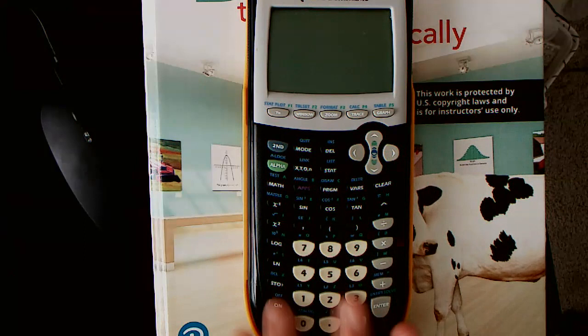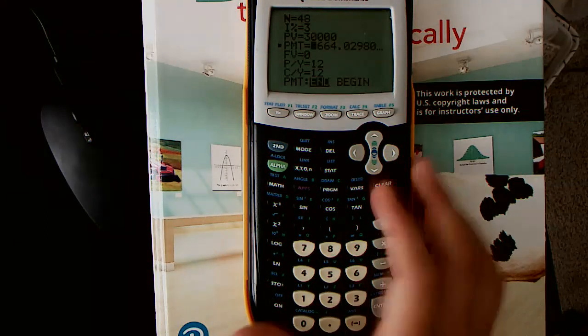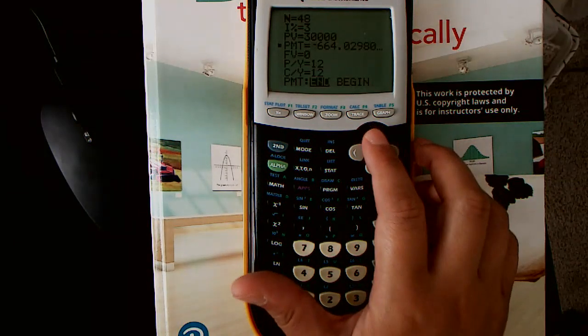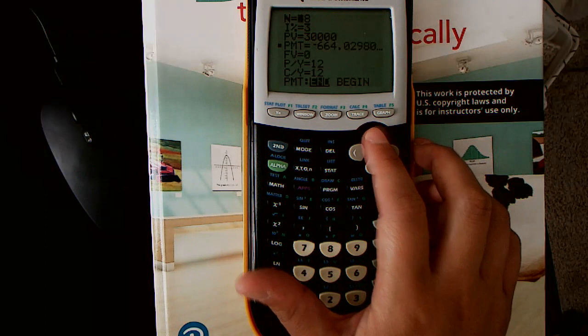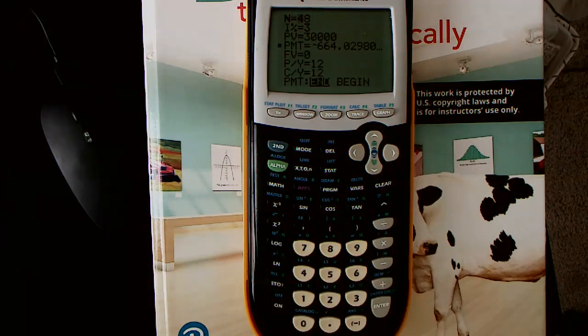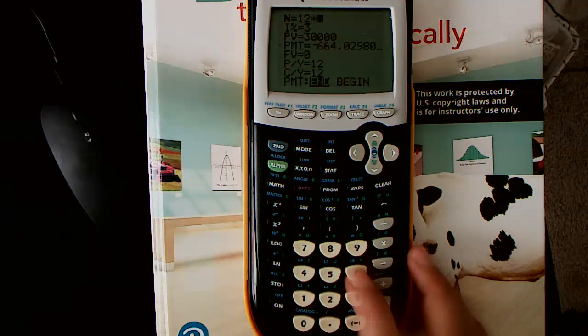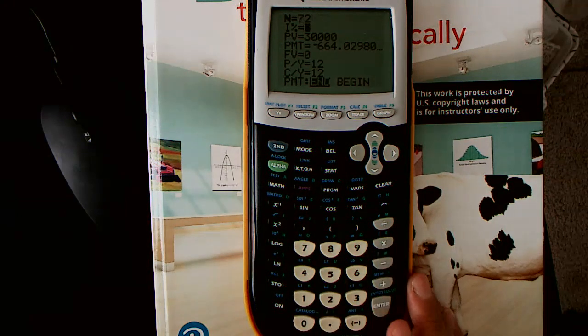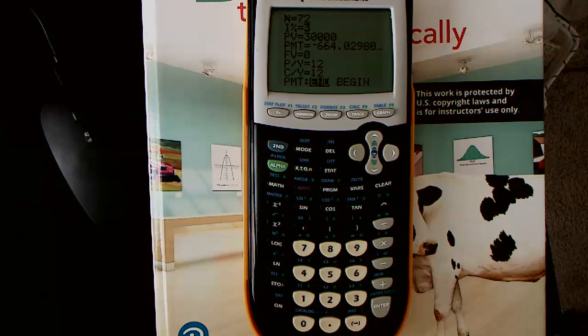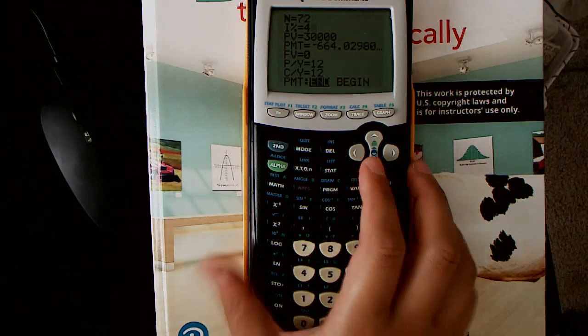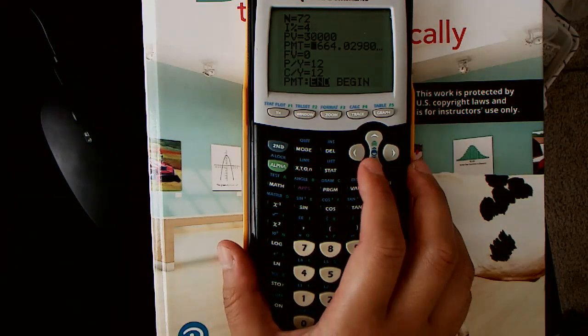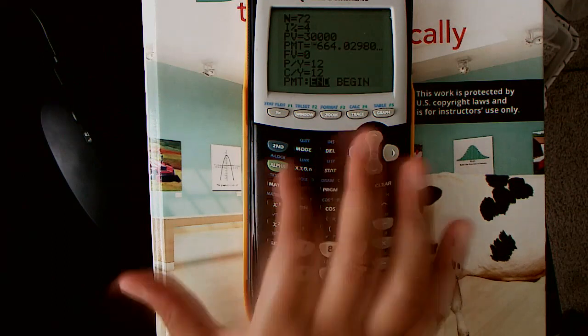Turn on my calculator first. Oh, it's already there. We just need to fix something. We need to fix the value for big N. Instead of 48, we're going to have 12 times 6, 72, because it's not 4 years anymore, it's 6 years. And the interest rate is 4%, so change that to 4. Everything else stays the same. And then we are going to solve for payment.